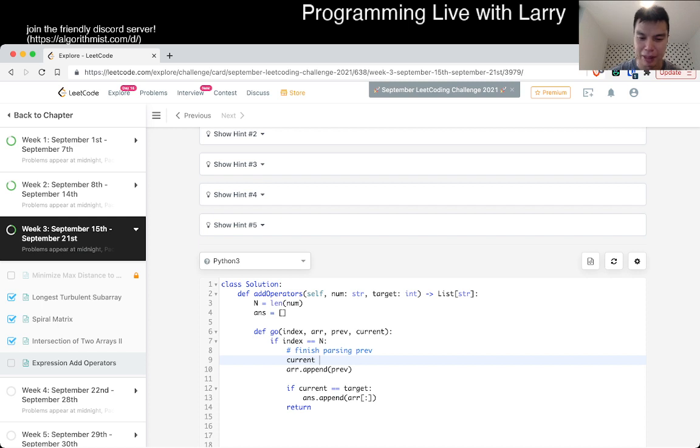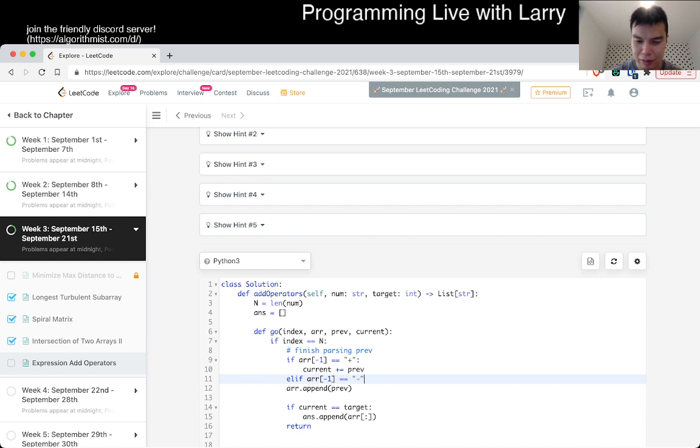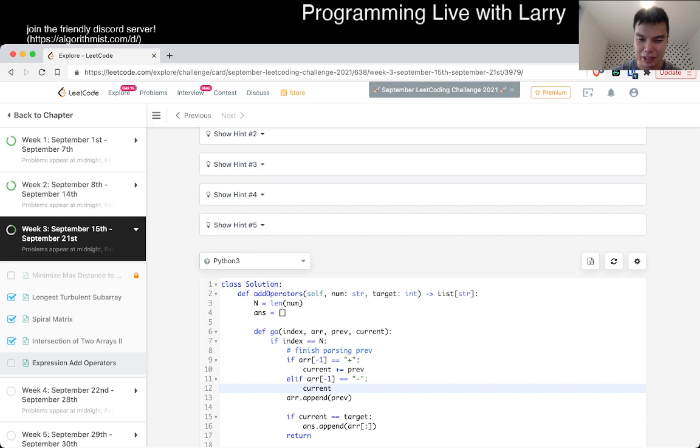So the last element in this case would be an operator, right? There'd only be 2 cases, I hope. Then current equal to prev, else if... oops. Wait, is that true? Oh yeah, it should be good.